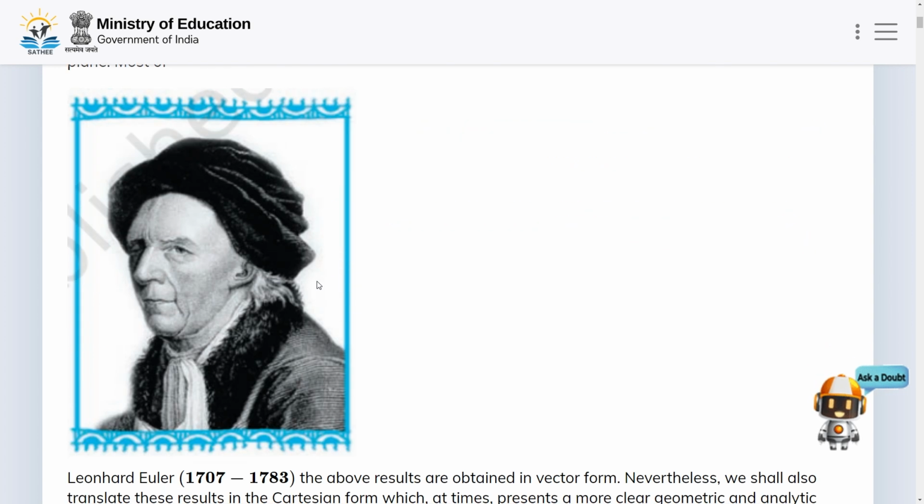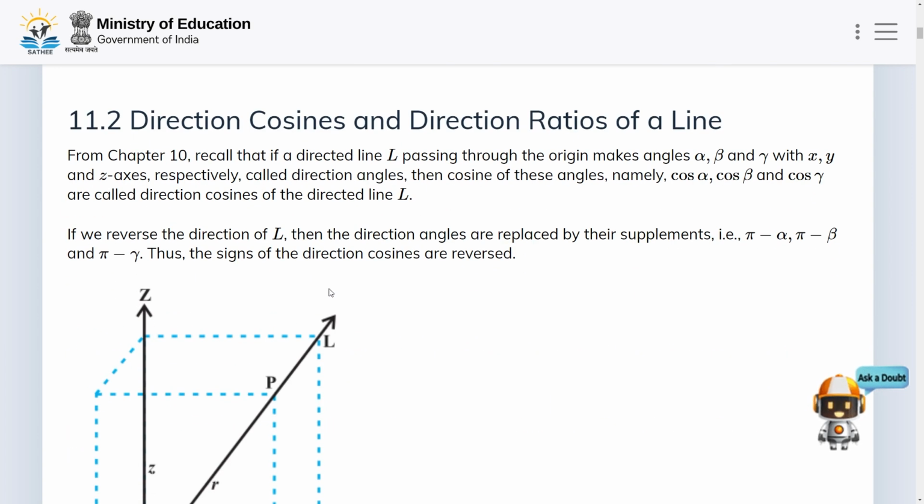Now let's see. First is direction cosines and direction ratios of a line. Let's recall that if a directed line L passing through the origin makes angles alpha, beta, gamma with the x, y and z axes respectively, these are called direction angles.